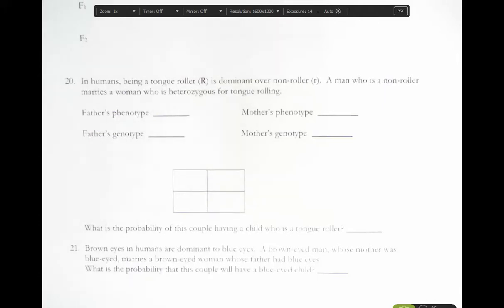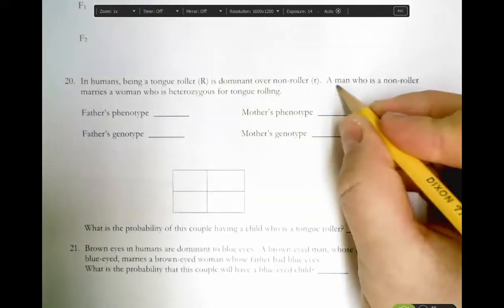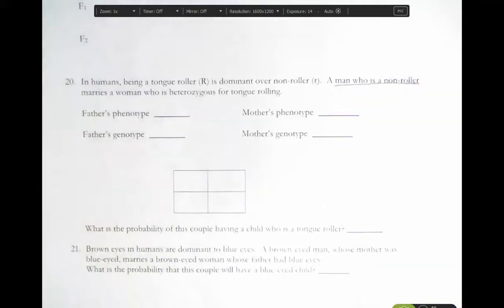Alright, so let's start with the man. The man is a non-roller. He can't roll his tongue. And it says, being a tongue roller, R is dominant over a non-roller.